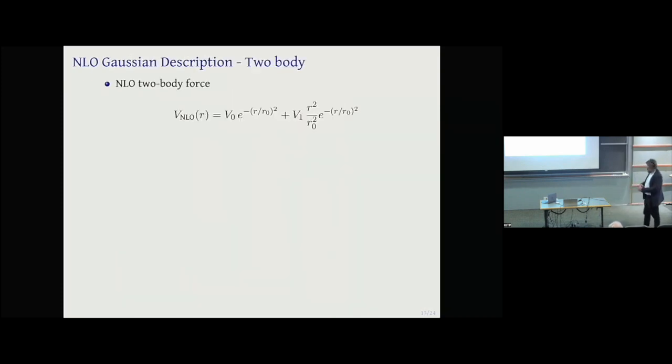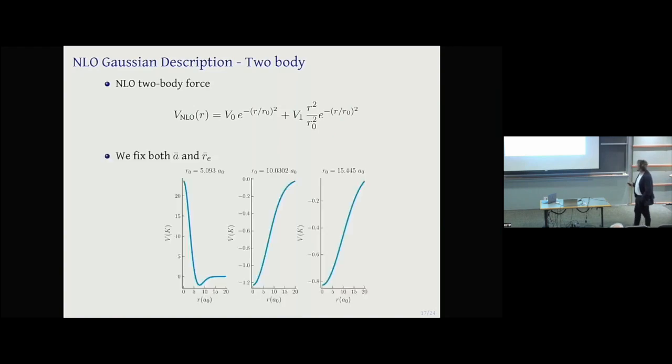Now I try to extend this game. I go to the next leading order. I just focus on the two-body. If I focus on the two-body, now I have the possibility to fix two data. Before it was just A, now I can fix also the effective range. And I look at how it varies with the range of the two-body force. And I just draw the evolution of the states.